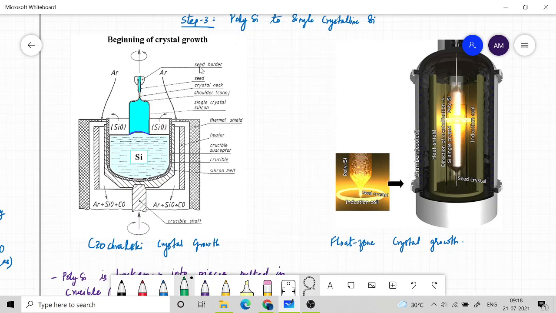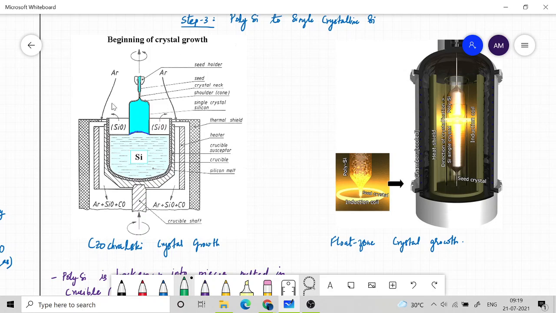That diamond structure forms automatically because that is the structural arrangement that minimizes the potential energy of the arrangement of silicon atoms. So that is what happens.